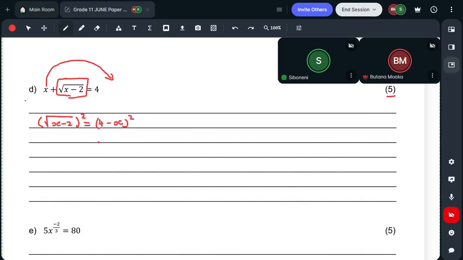And then now, what do we get? This is x minus 2, it equals to... So I need you to expand the bracket here. Tell me what you get. When you multiply out the brackets, what do you get?